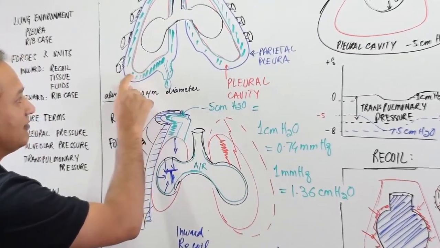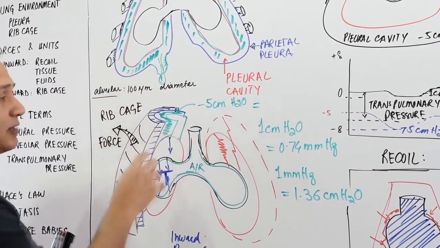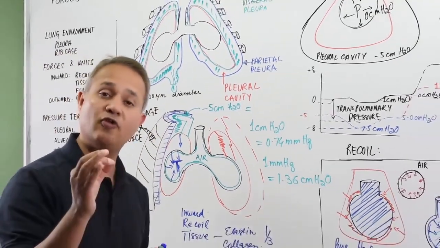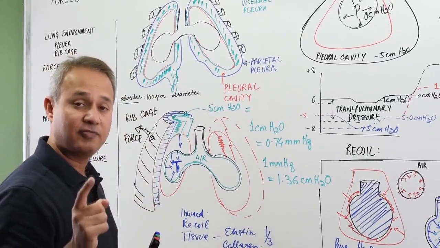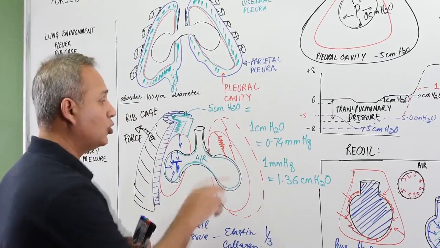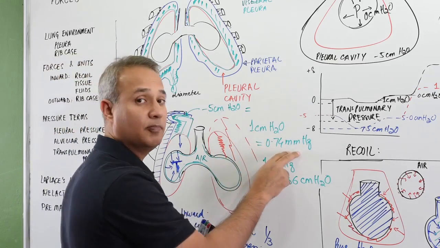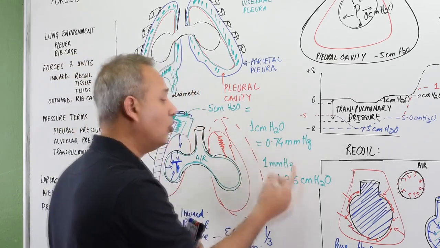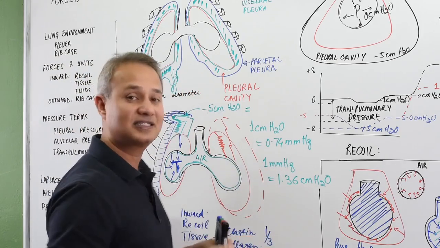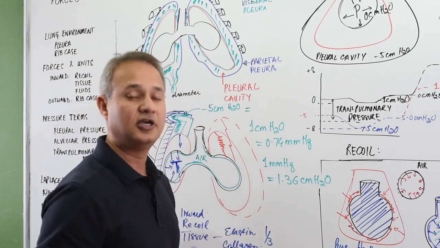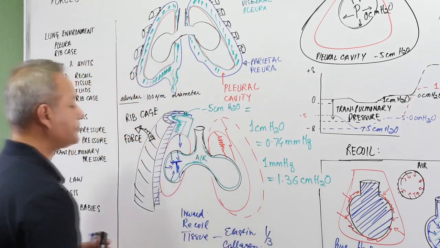So this cavity experiences an outward pull as well, and that is why the cavity is at -5 centimeters of water. We are using the term water instead of millimeters of mercury. So 1 centimeter of water pressure equals 0.75 millimeter of mercury pressure, or 1 millimeter of mercury pressure equals 1.36 centimeters of water pressure. In pulmonology, we use water pressure a lot of the time.